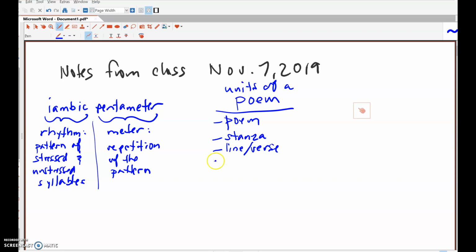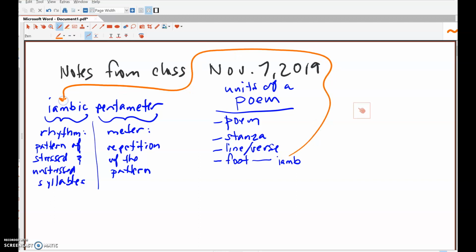And then the last unit, the smallest unit, is what's called a foot. And I don't know why it's called a foot. Okay, so there are all different kinds of feet. And one of those feet is called an iamb. And you'll see here that we use that word right there. But there are other types of feet as well.